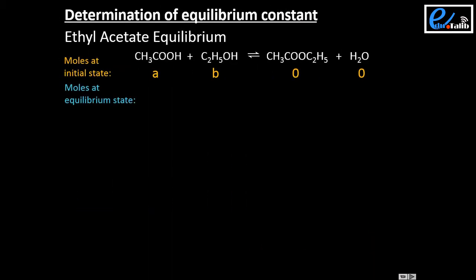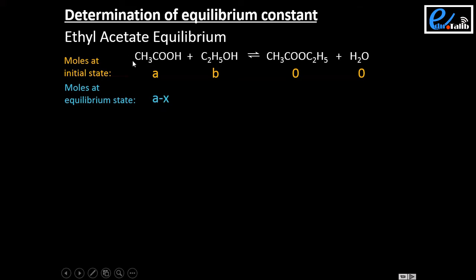The moles at equilibrium state is initial minus consumed. The initial is A, and how many moles of acetic acid have been consumed is unknown, so we consider another variable, X. So the remaining moles at equilibrium is A minus X.